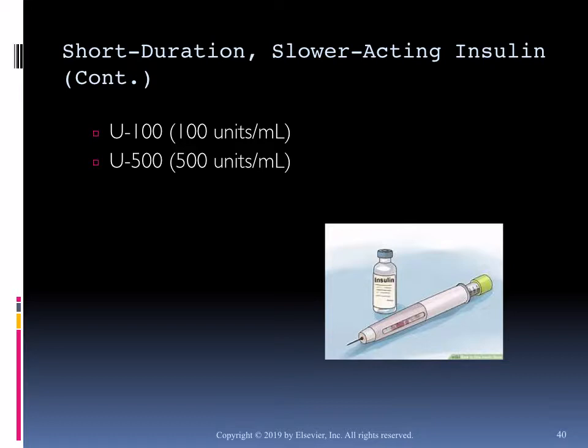For example, the usual dose when we use the U100 requires 100 units, 1 milliliter of dose, whereas the same dosage with the U500 requires about 0.2 milliliters, so a lot less insulin.